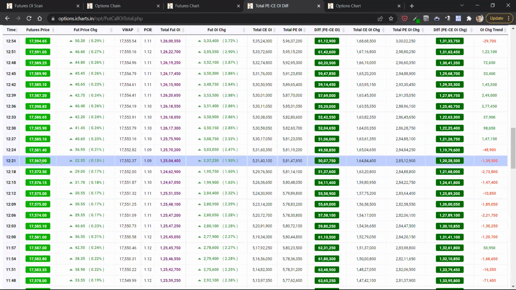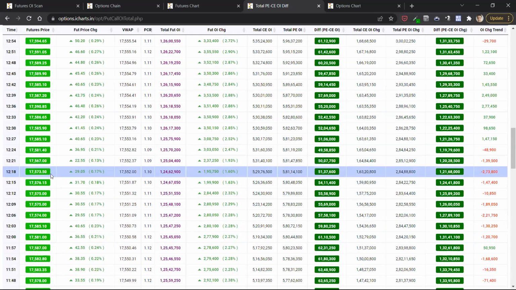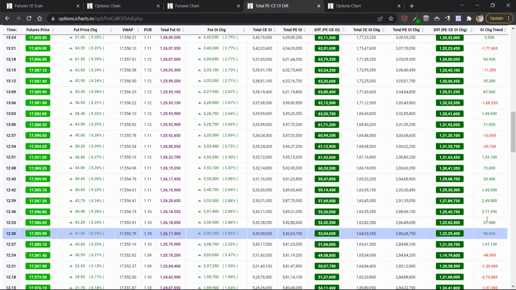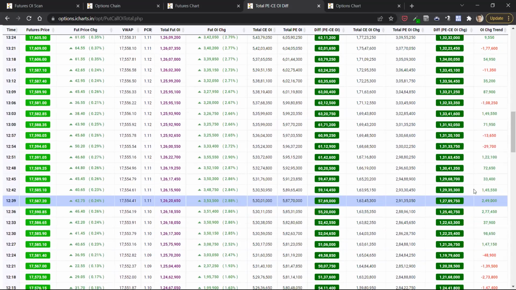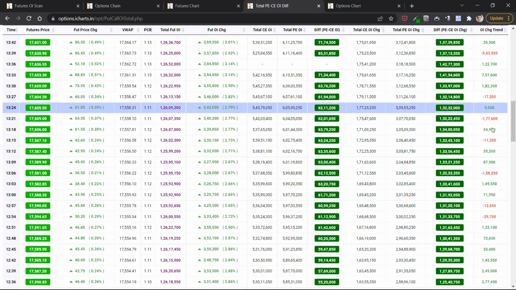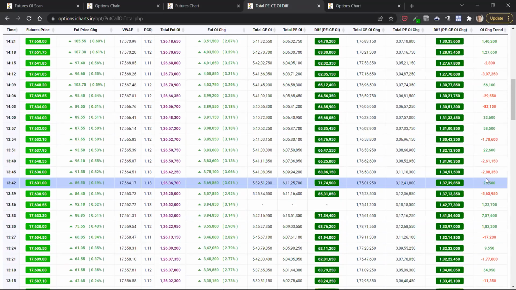This green here shows you that the price is still above VWAP. Then again the price flipped to green, and these are not significant at all compared to what has happened here recently.